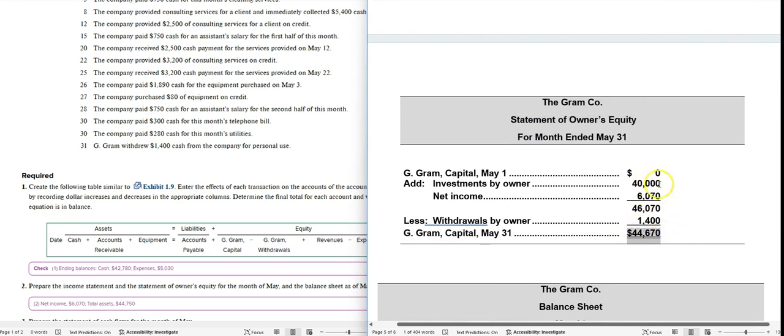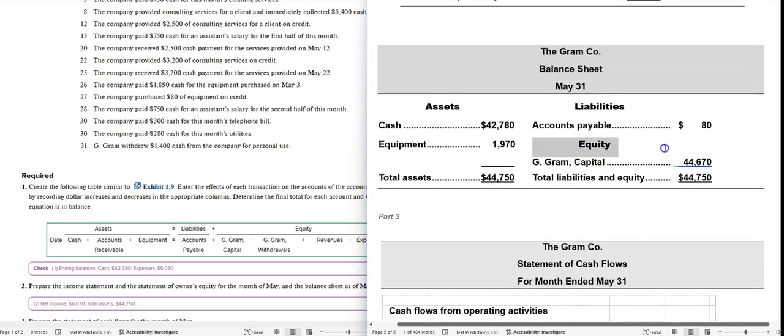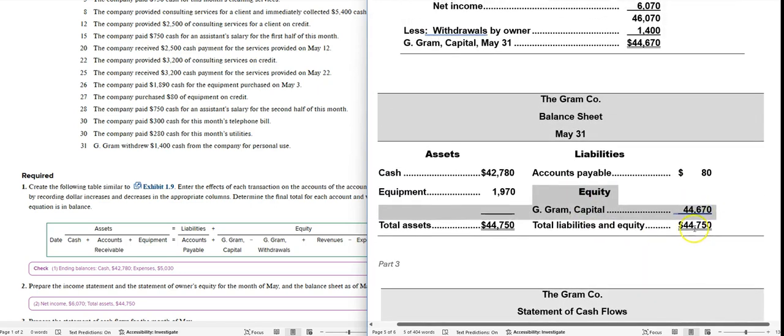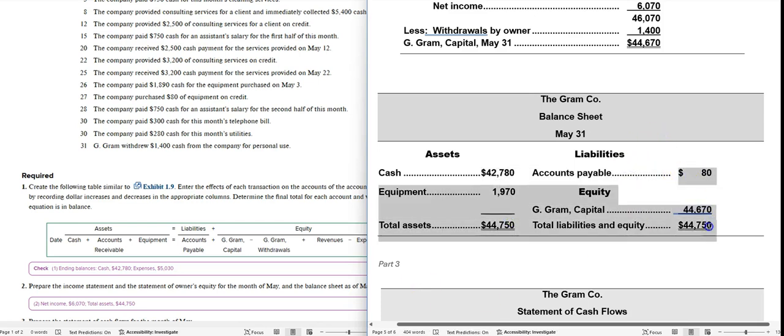We've already summarized what owner's equity ended May with. Instead of re-reporting all of those changes in the equity, we are just reporting the ending amount. Total assets were $44,750. Total liabilities and equity $44,750 on May 31st.